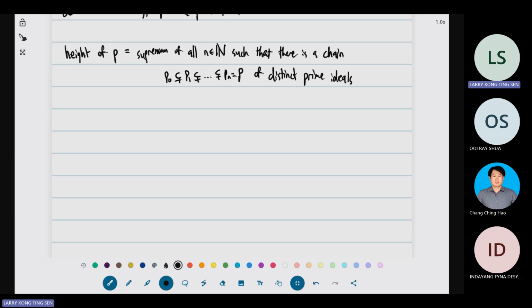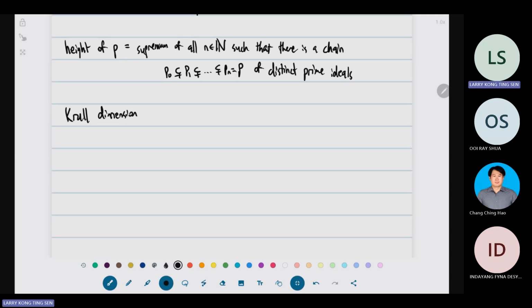And with this, we define the crude dimension. Did I pronounce it correctly? Okay, let's call it crude dimension.